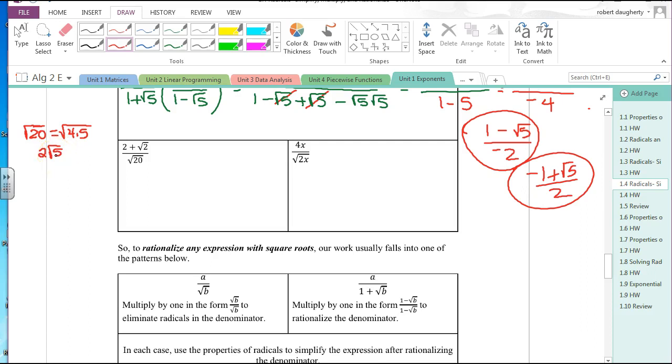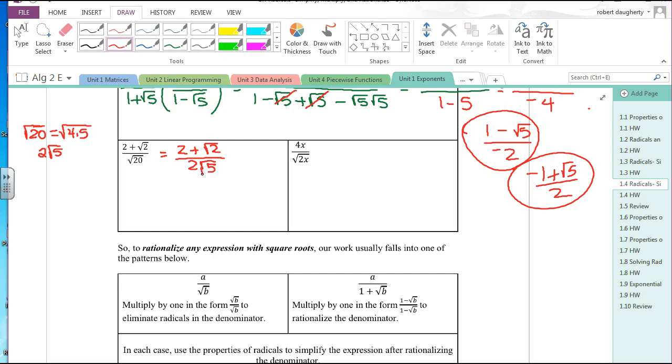Okay? So this is 2 plus root 2 over 2 root 5. Let me see if I can write that a little bit better. Okay? So what square root in the denominator do I need to go away? Square root of 5. I can make the square root of 5 go away by multiplying by what?